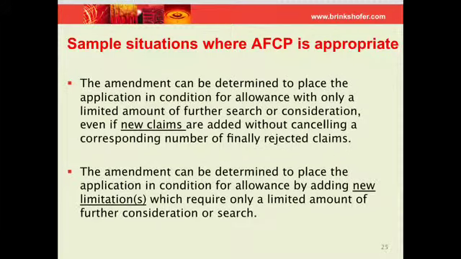Another situation is where the amendment can be deemed to place the application in condition for allowance, even if new claims are added, which, according to the Patent Office guidelines, the Patent Office says, yes, you can add claims.